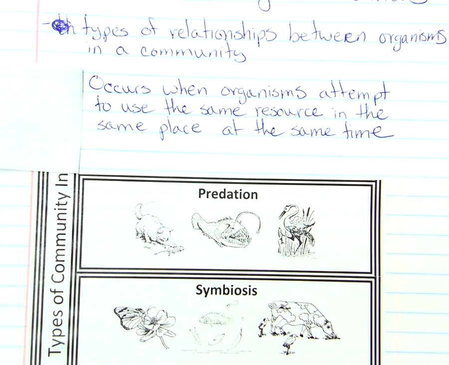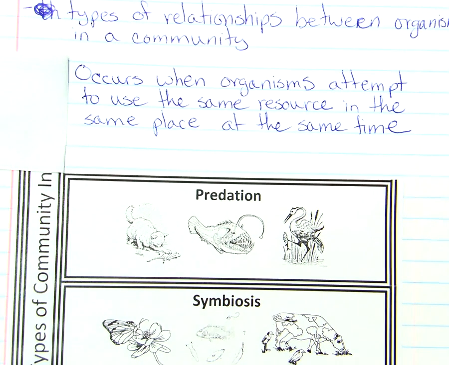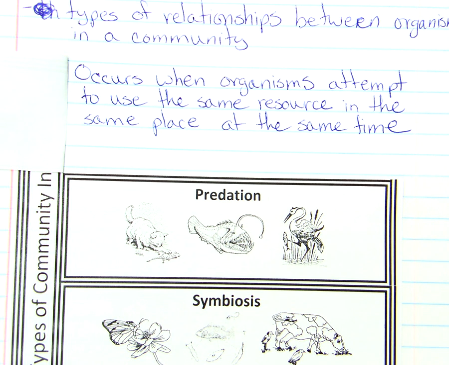So our definition of competition. It occurs when organisms attempt to use the same resource in the same place at the same time.